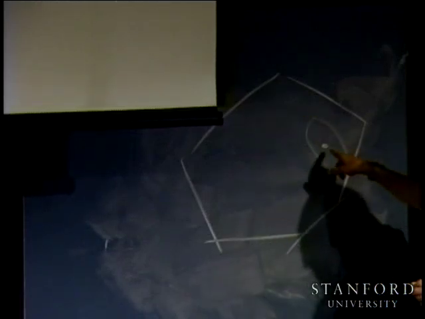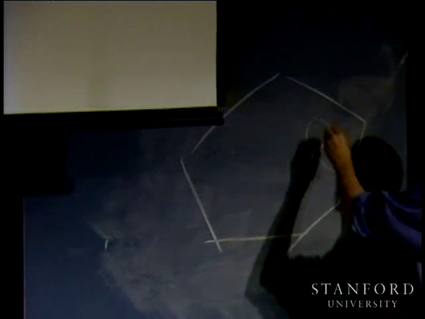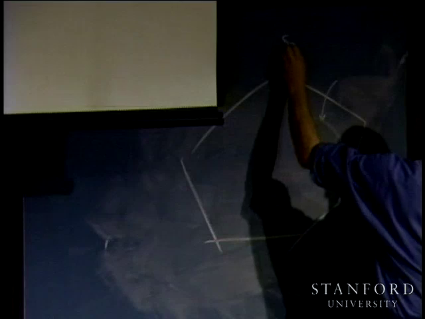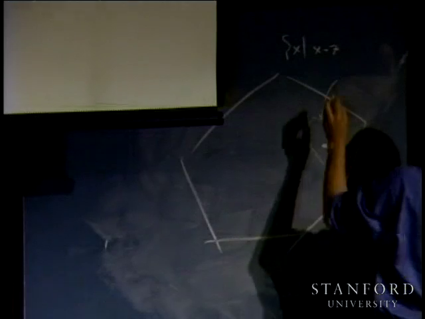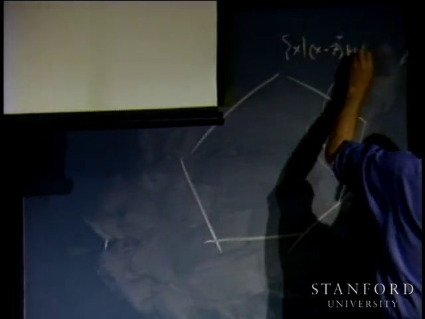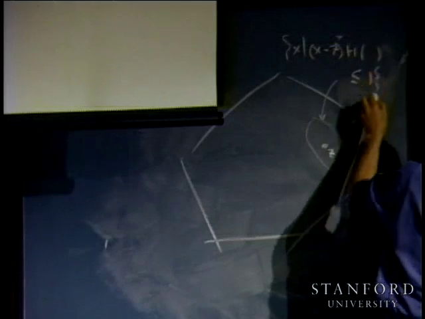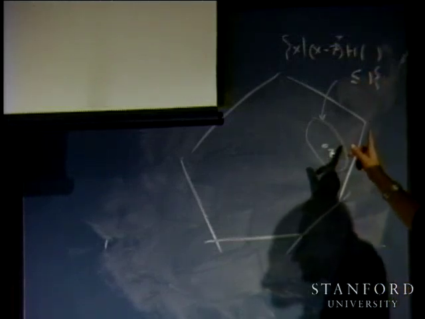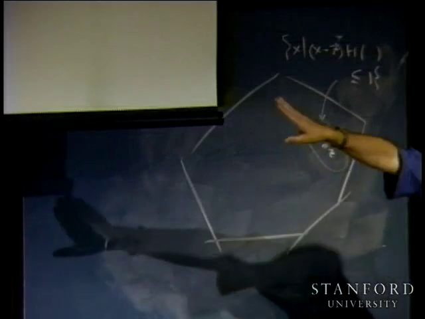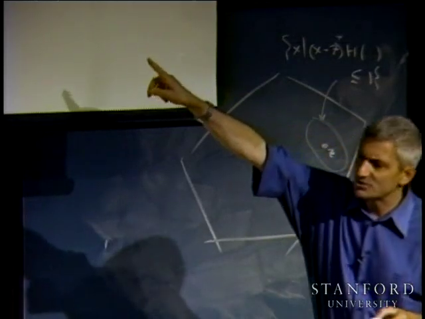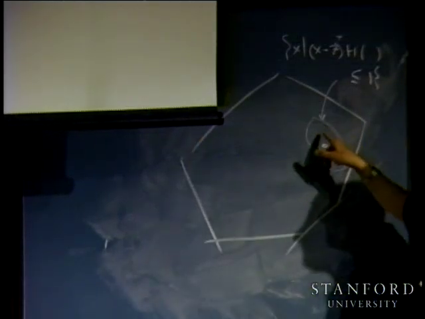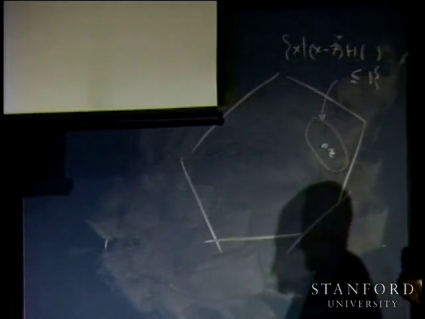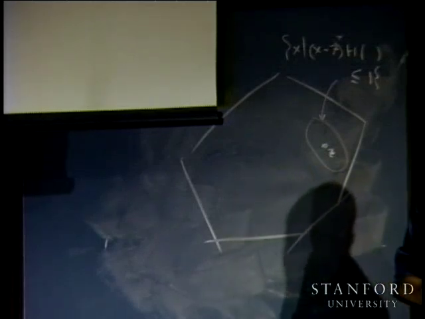This ellipsoid here is the set of x such that (x minus z) transpose H (x minus z) is less than 1. Everybody got that? You simply calculate that Hessian, that formula, without the stars. This ellipsoid is guaranteed to be inside that set. Always. Whether or not you're at the analytic center.